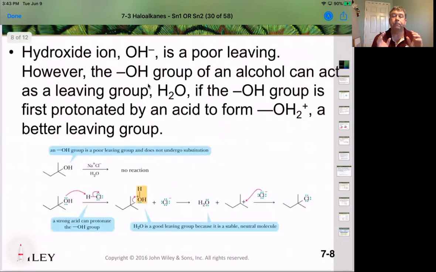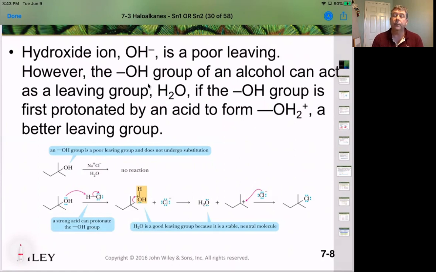Okay. One of the ones that we can actually play with a little bit is the hydroxide ion. Hydroxide ion by itself is a very strong base, and therefore it's a very poor leaving group. However, if we do the reaction in the presence of a proton donor or an acid, we can get that OH group on the alkyl group to protonate.